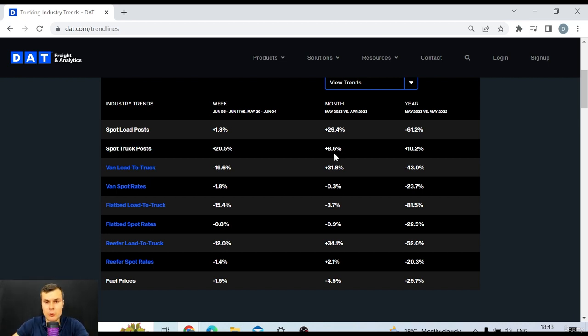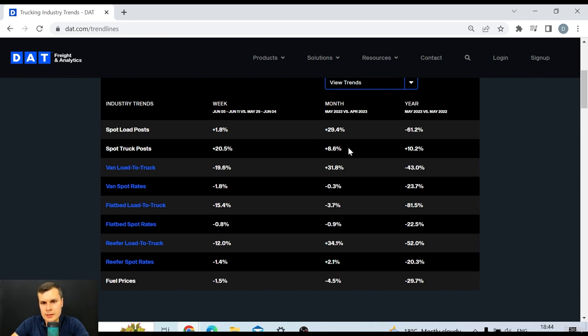So actually the number of trucks available also increased. But the number of loads increased by 30%, the number of trucks increased by 9%, which indicates that actually the demand for transportation grew faster than the supply. Right, there are more loads on the market, but there are not as many more trucks available on the market.